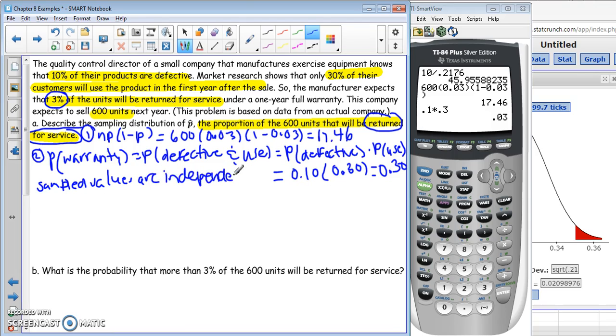All right. So then we just need to find the mean and the standard deviation.